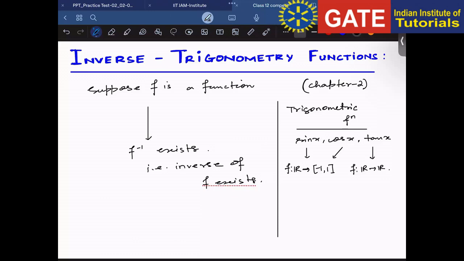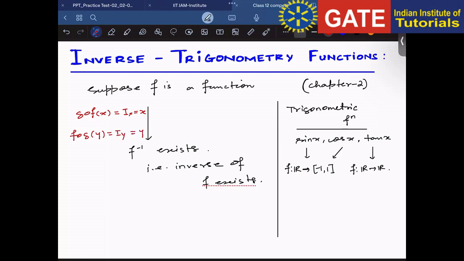Determinant is for a matrix, no? For A inverse, the condition there is different. Here the condition is composition of mappings, as I had told you. F composition g of x should be equal to I of x, that is, equal to x, or g composition f of y should be equal to y.